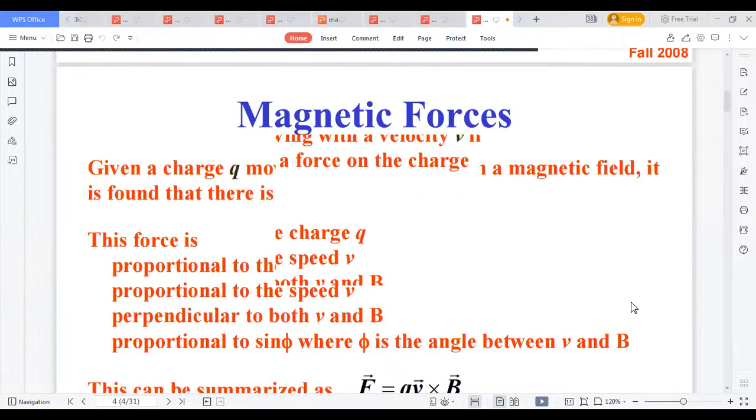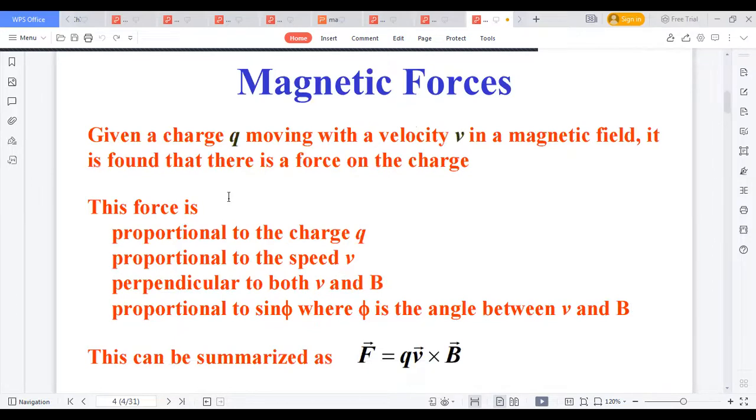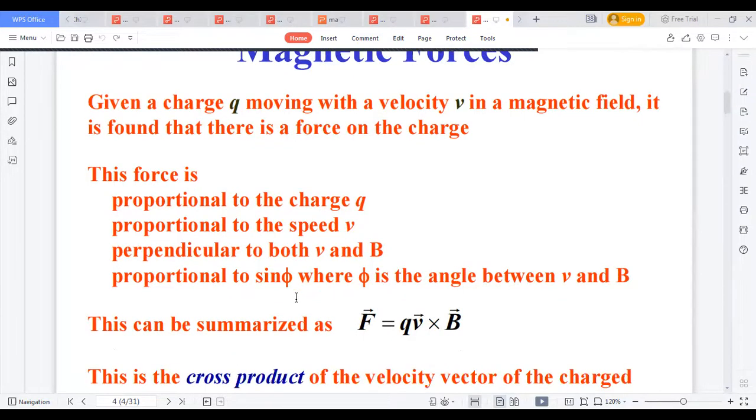For magnetic force, we are given a charge q moving with a velocity v in a magnetic field. It is found that there is a force on the charge. This force is proportional to the charge q, proportional to the speed v, perpendicular to both velocity and the magnetic field, and proportional to sin theta, where theta is the angle between velocity and the magnetic field.